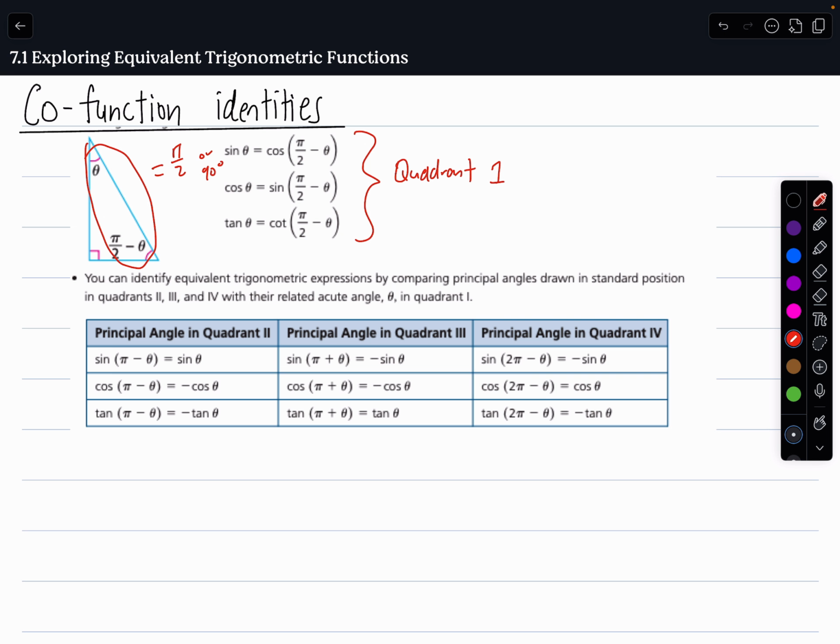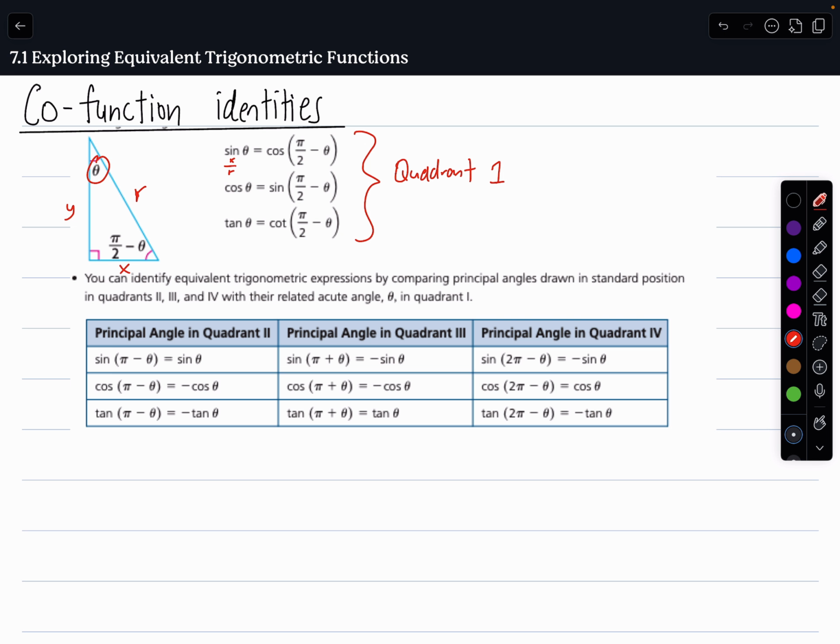So if we know sine theta, right? Sine theta is going to be opposite over hypotenuse. We'll call this x, we'll call this y, and we'll call this r. So sine theta is opposite over hypotenuse, which is x over r.